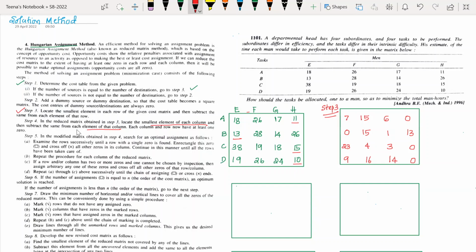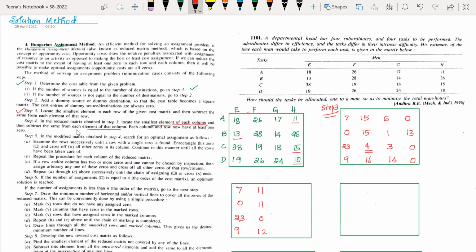First column, minimum is 0. So when 0 is subtracted from every other element, we have that first column itself, no change: 7, 0, 23 and 9. Then for the second column, the minimum value is 4. So we have to subtract 4 from every other element. So 11, then 0, then 12.